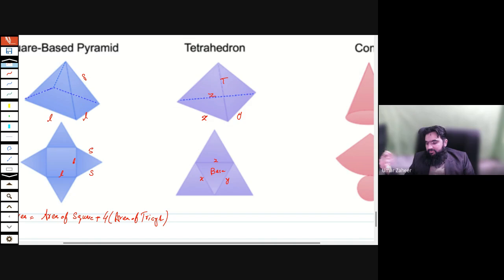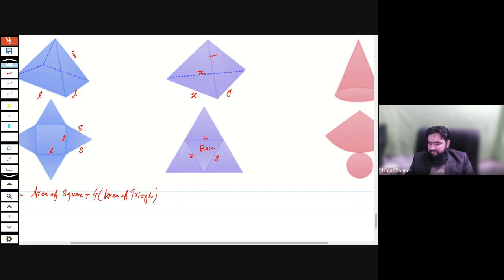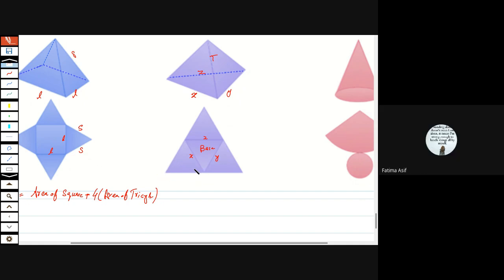In the tetrahedron, obviously they are equal, so we have to take X, X, X. But I just want to show the sides, so that's why I have to give different names. So this length will be equal to Z or T.